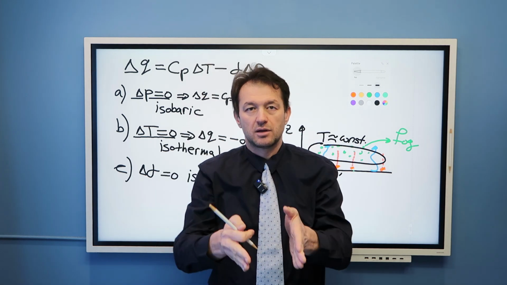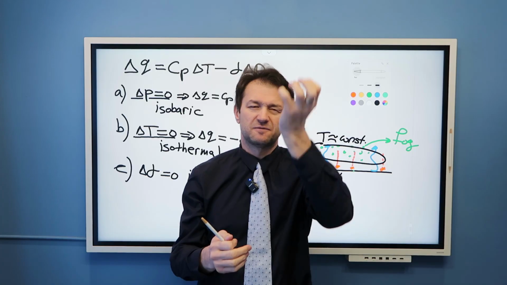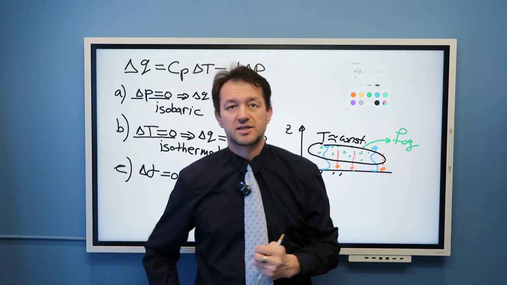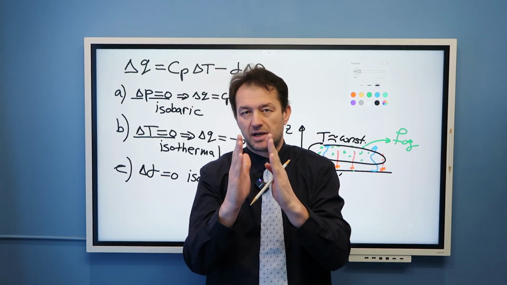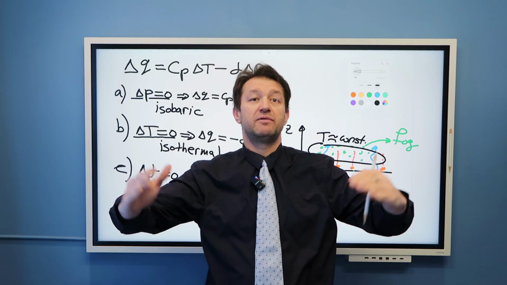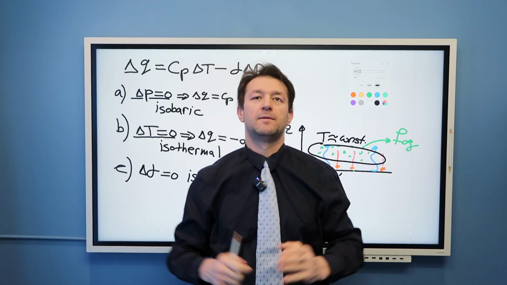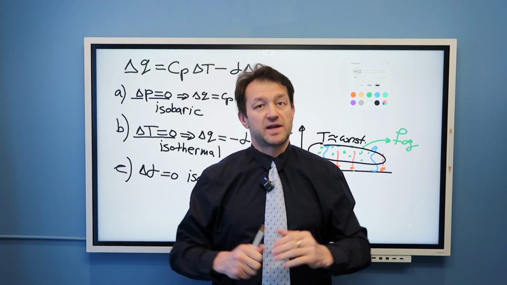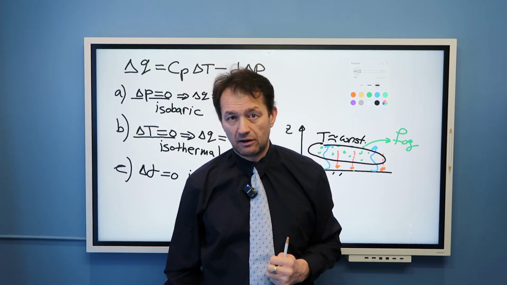You have a lightning channel that is plasma, very, very hot air. It can reach a temperature of 40 degrees Celsius. And before that hot plasma starts expanding and we hear thunder, that's what we hear, a sudden expansion that causes very strong pressure perturbations, and we hear it as a sound wave.